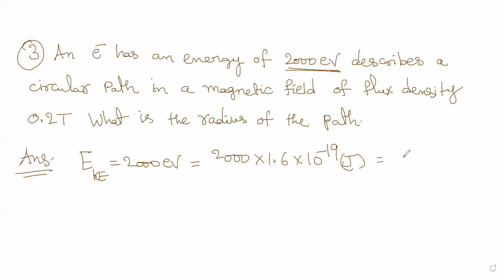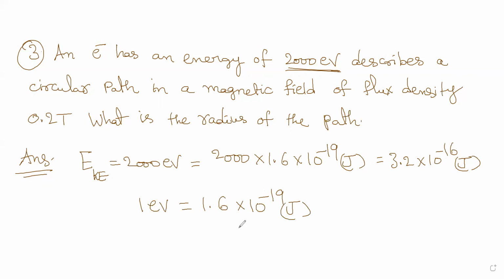So this value works out to be 3.2 into 10 to the power of minus 16 joules. So 1 electron volt is 1.6 into 10 to the power of minus 19 joules. So note it up to here. You can pause the video and note.